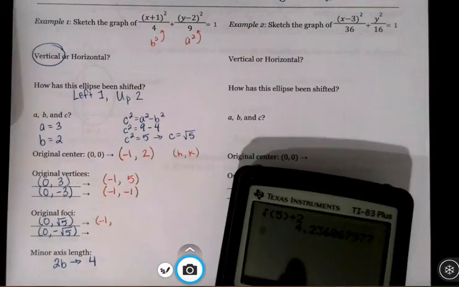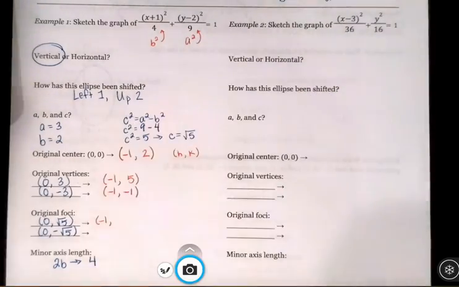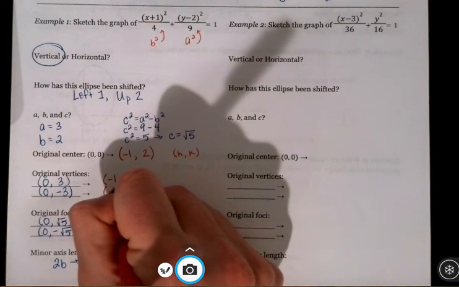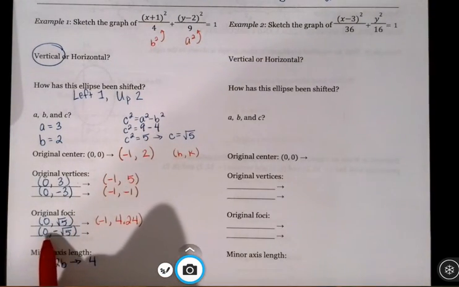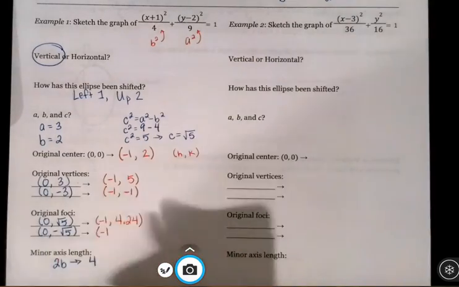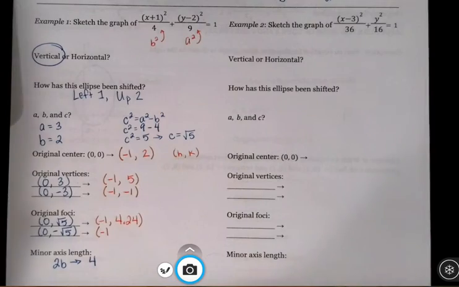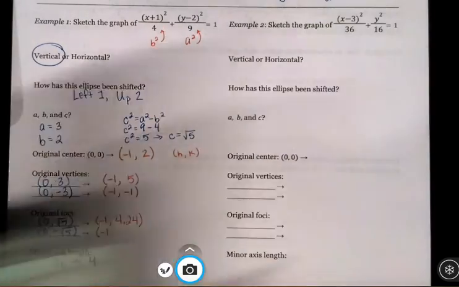I just did that in my calculator, 4.2-ish. Say 4.24. And then I'm going to add this point again. So 0 plus -1 is -1. And then this time it's a negative square root of 5 plus 2. And that gives me -0.24.